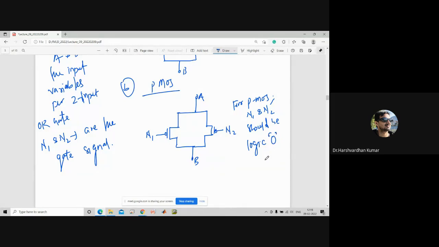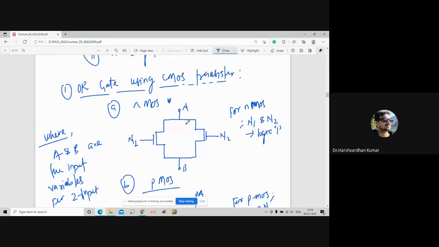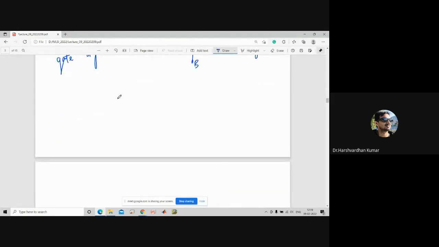Roughly, 0 volts is considered logic 0 and 5 volts is considered logic 1. Now let us understand the operation. Say you apply logic 1 at this gate, and this combination is 0, 0. Let us make a truth table first.